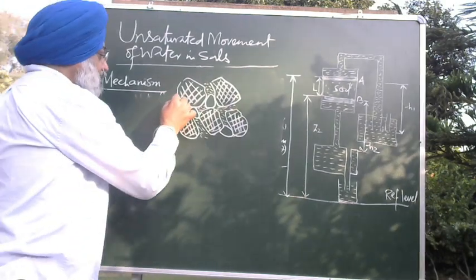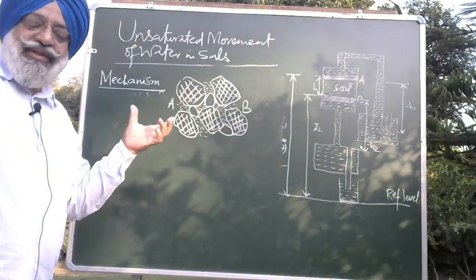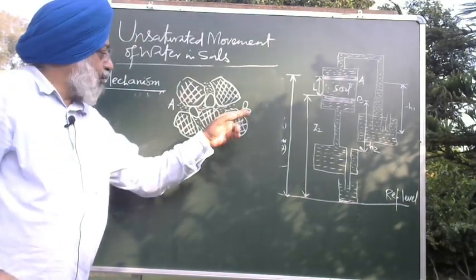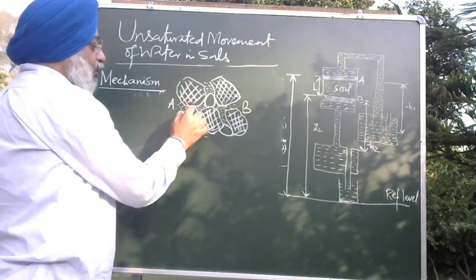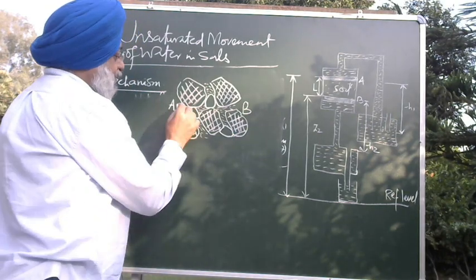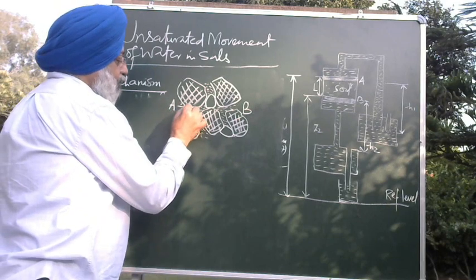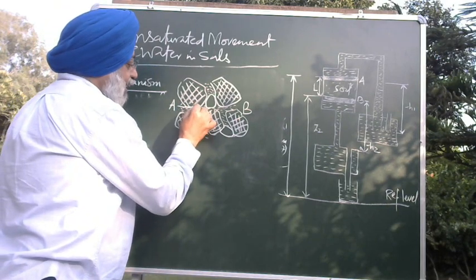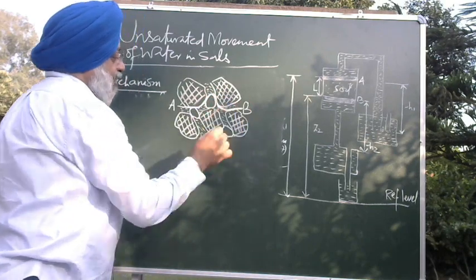Now if this is your point A and this is point B, and this were a saturated soil, then there would not be any air bubbles or air spaces over here. Water would have moved straight from A to B. Now here, when water moves, it has to go like this, then like this, then like this.